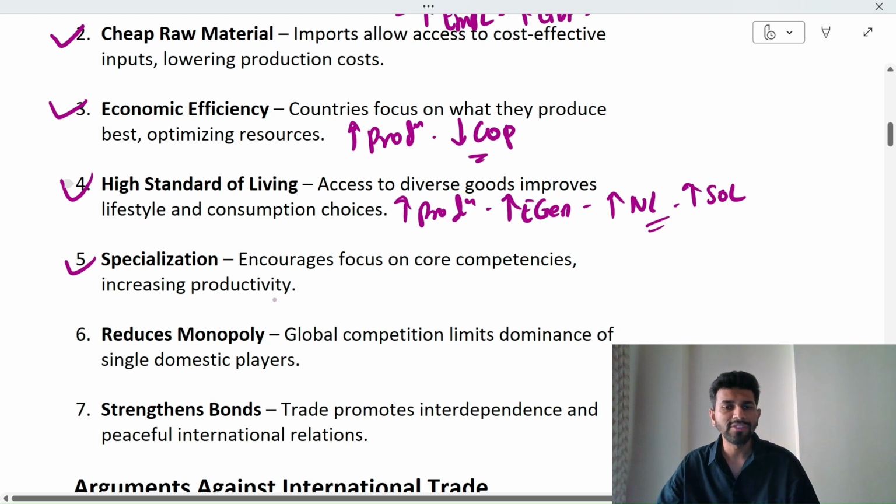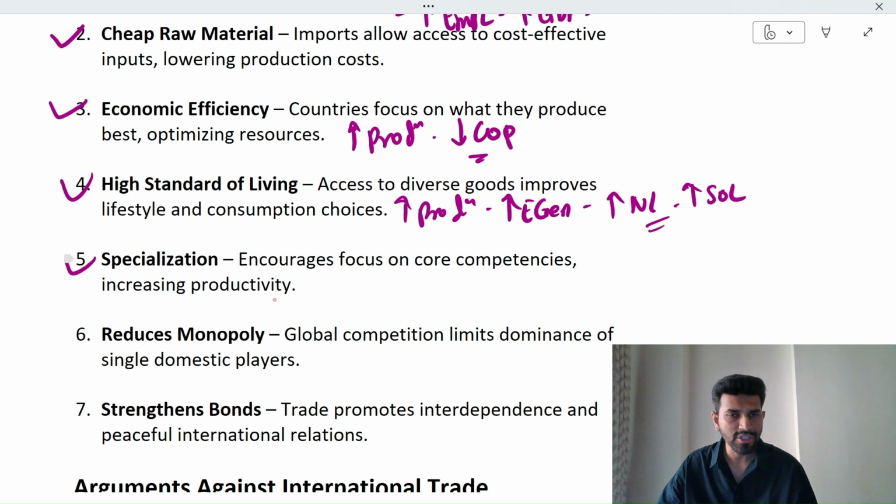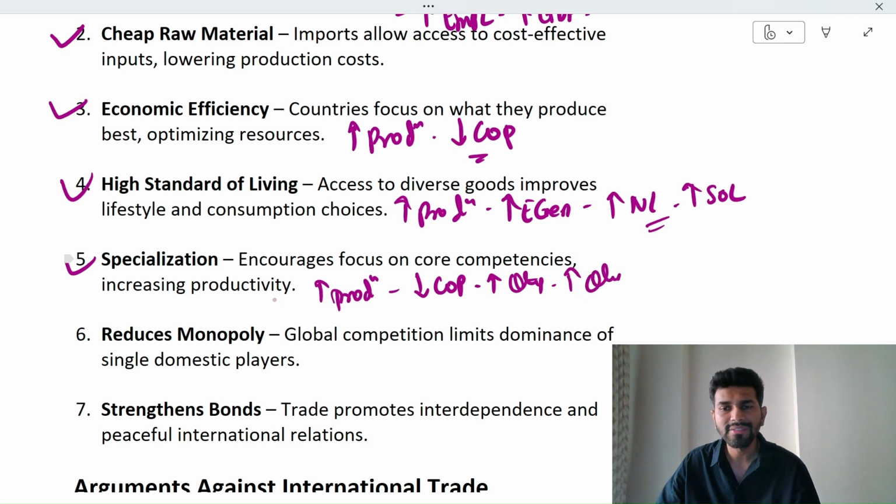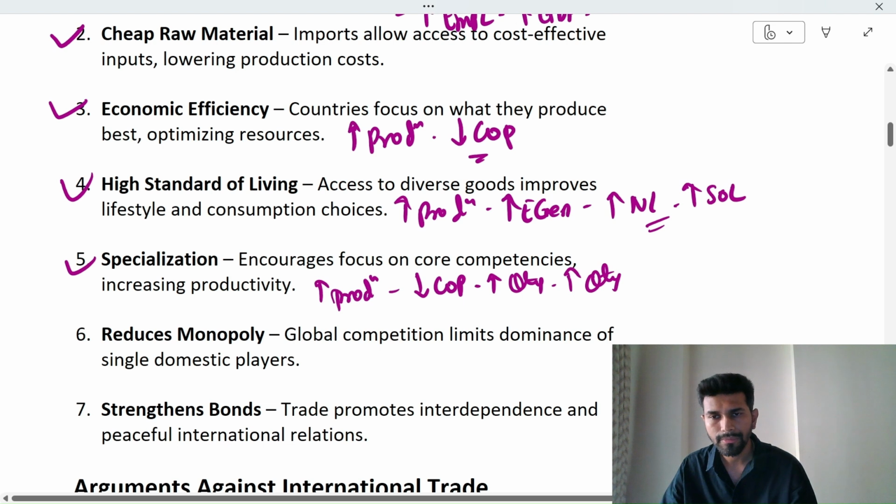Next, specialization. If a company is manufacturing a single line of production, then it can achieve specialization. It means there will be more production at a cheaper rate. Cost of production will be lower, and more production means more quantity, and specialization means that the business will achieve more quality also.